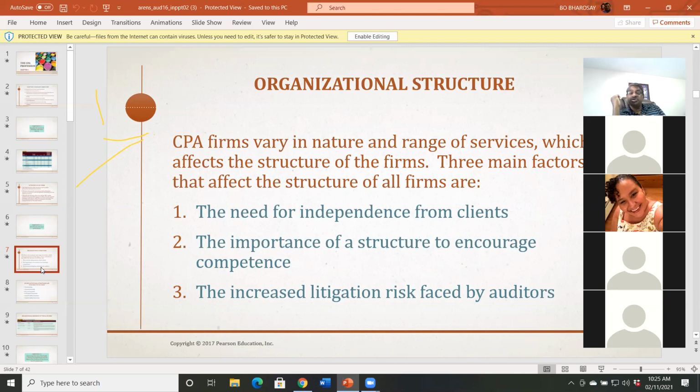Two, the importance of structure to encourage competence. As an accountant, in anything that you do, you want to be competent in what you're doing. If you're a student, you want to be competent in your studies. Three, the increased litigation risk faced by auditors. We'll talk about that in one chapter where we focus on accountants' liabilities.